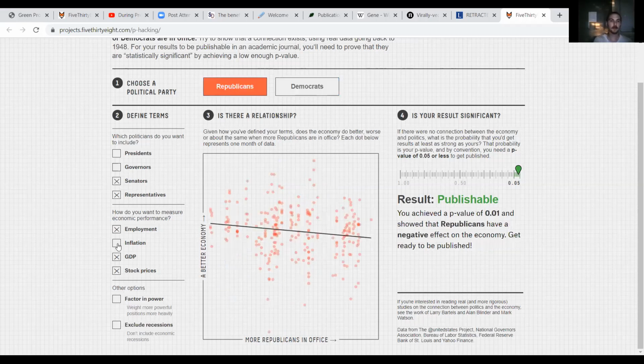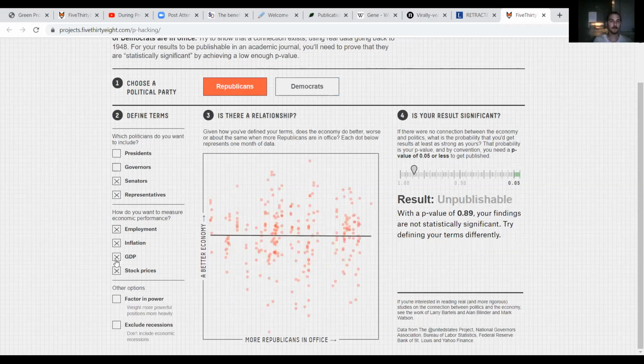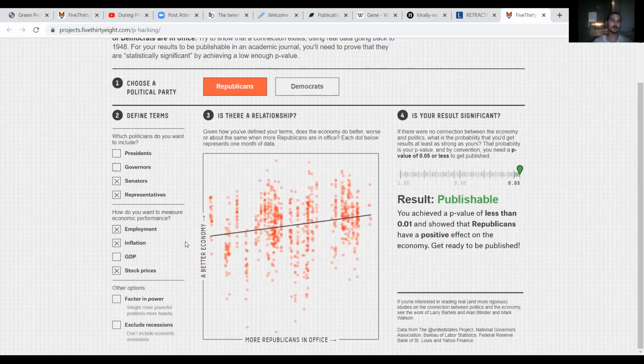However, all I have to do is move the numbers around. In this case, I just took out the GDP statistics, and suddenly it looks like we have a really, really strong correlation between Republicans being in office and the economy doing very well.